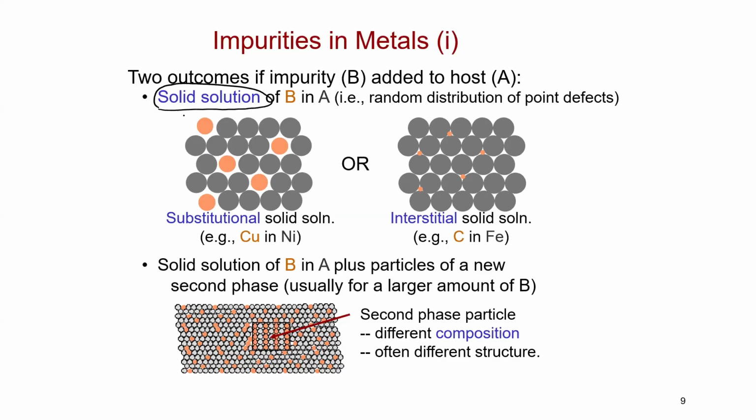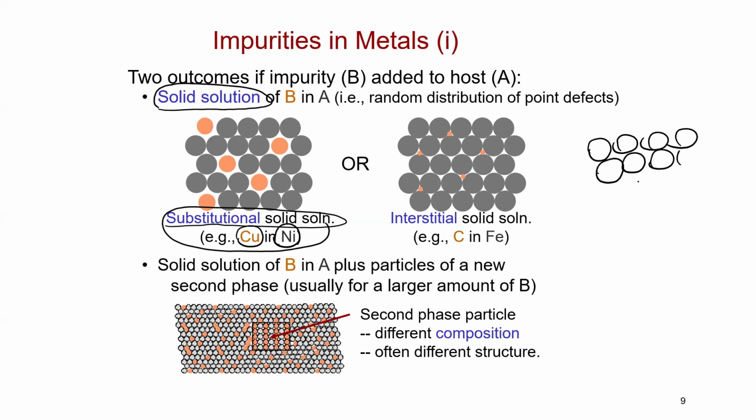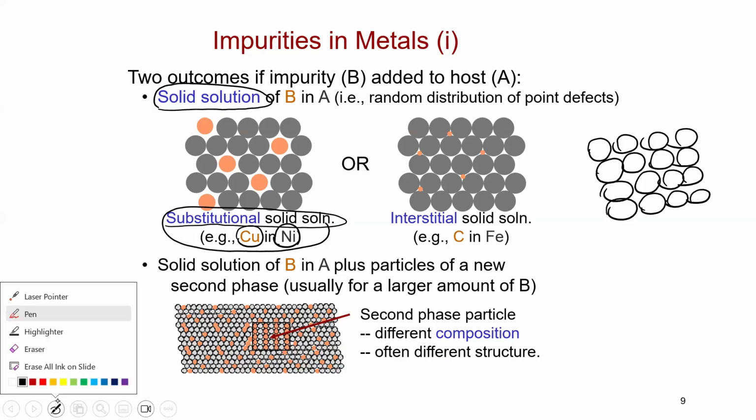We can have them in two ways. One is as a substitutional solution, where copper and nickel together make an alloy. We call it substitutional because, for example, if you have nickel only, that will stay like this. Substitutional means you are adding some copper to that.